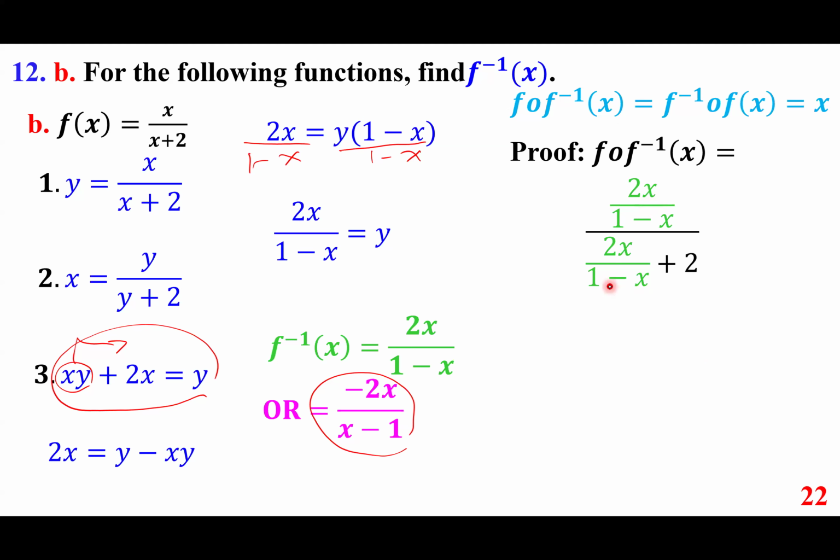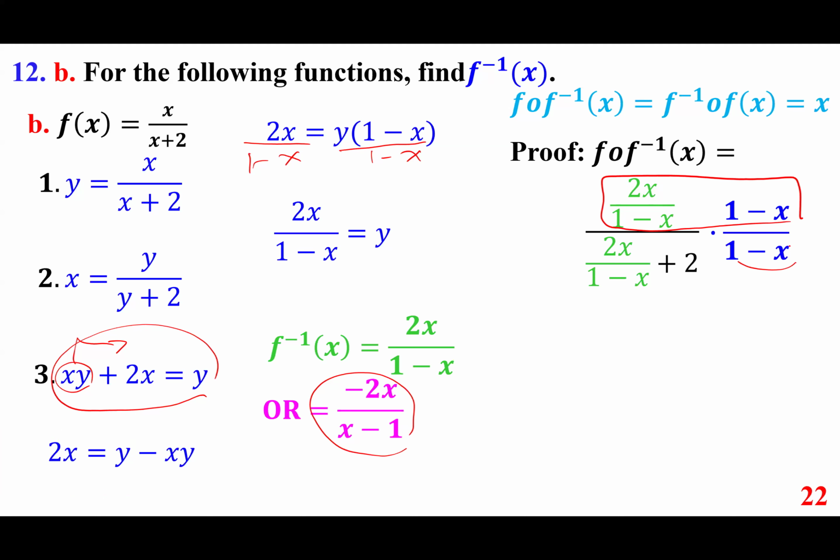We multiply the top and the bottom by LCD, which is 1 minus x. What happens is this. If you multiply these two, they cancel each other. The product of these two is just the numerator 2x.